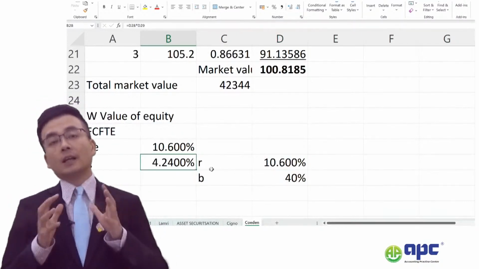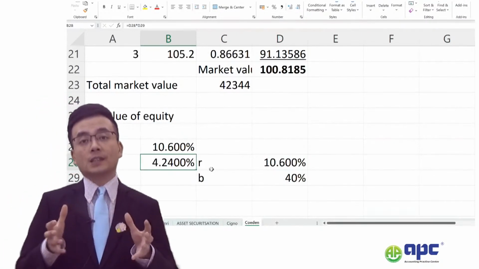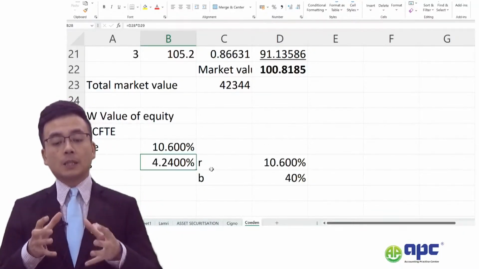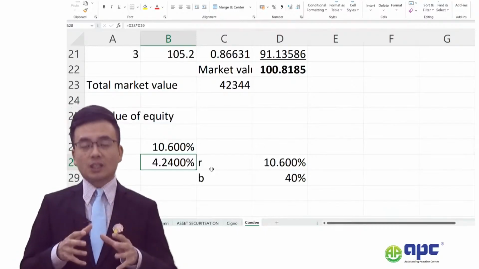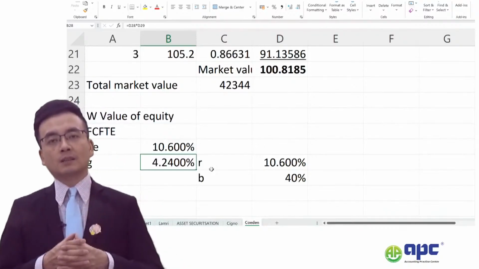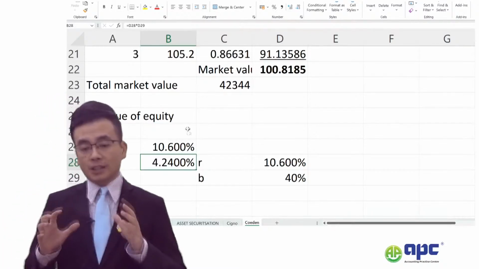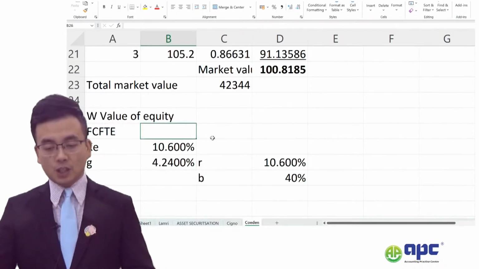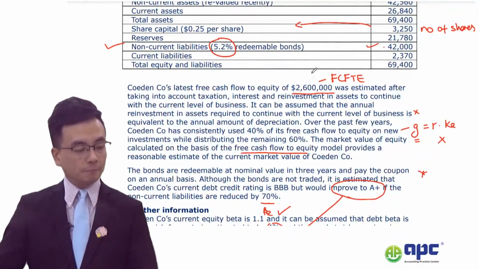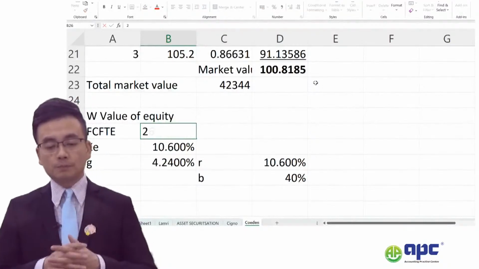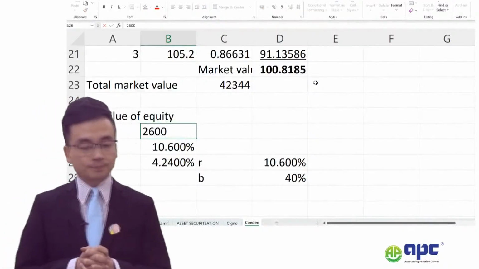You may say that growth rate may be used in a dividend growth model. Yes, you're absolutely right. But sometimes you can also use that when we are computing the cash flows. It's fine. So therefore, the free cash flows to equity we're told is 2.6 million. Alright, so short for 2,600.